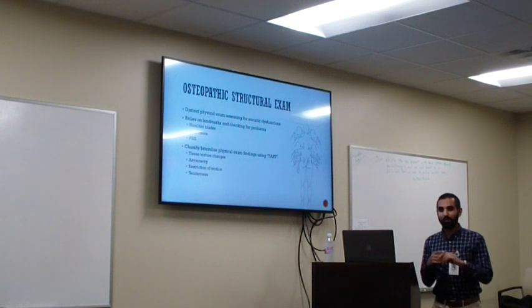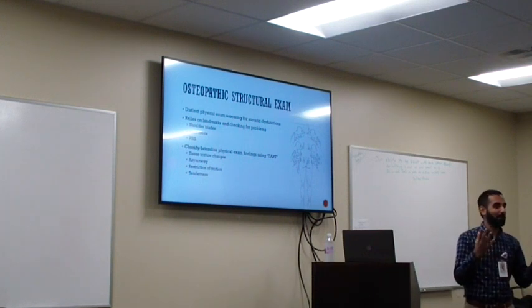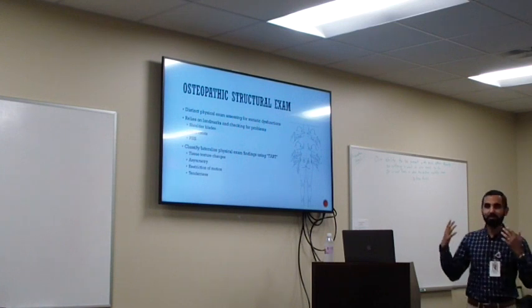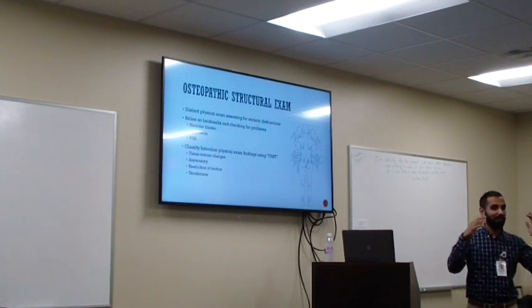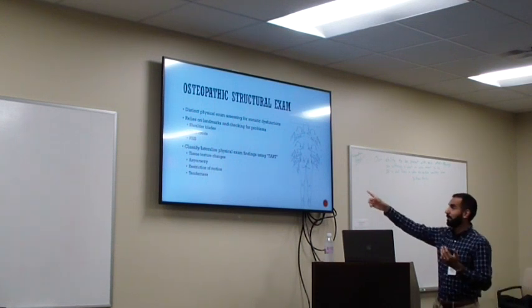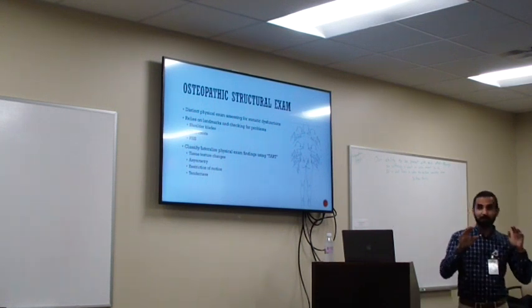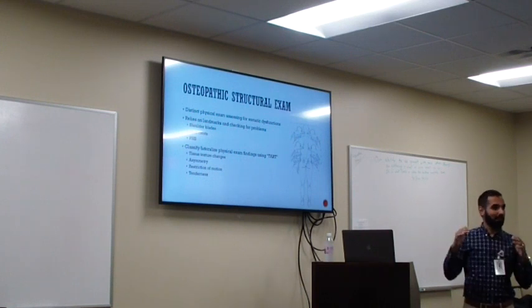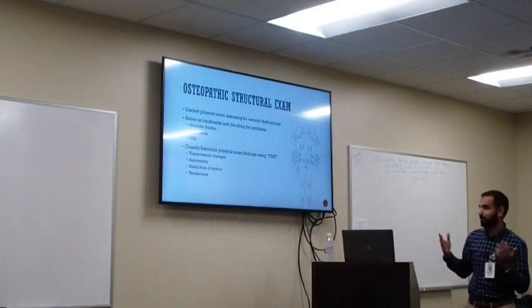I don't expect that you all would do structural exams, but you should be able to at least understand what they are looking for. And as we mentioned before, they're looking for the TART changes. Just because it's symmetrical doesn't necessarily mean that there's no dysfunction there.